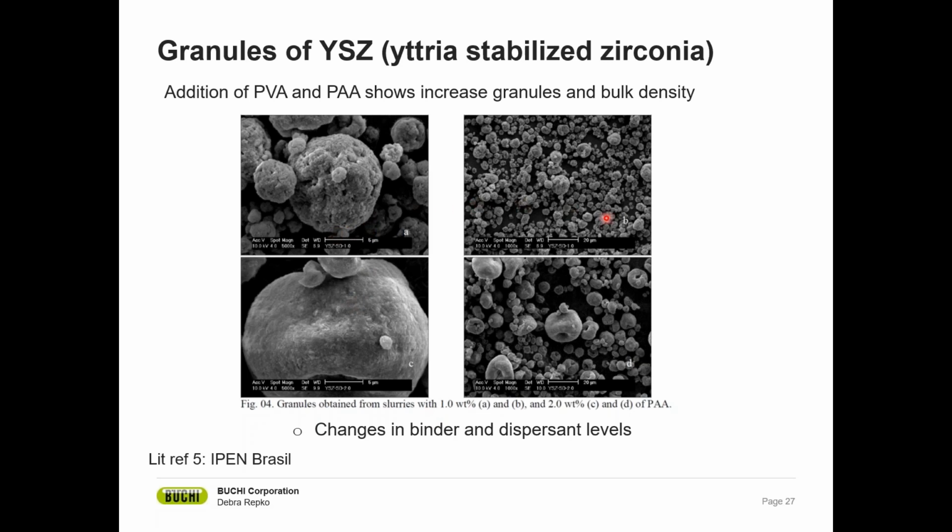Once again, they were making fuel cells here. And as they sintered these to make a film, the size and the morphology really made a difference in the way that it performed from the tensile strength perspective and bulk density perspective.